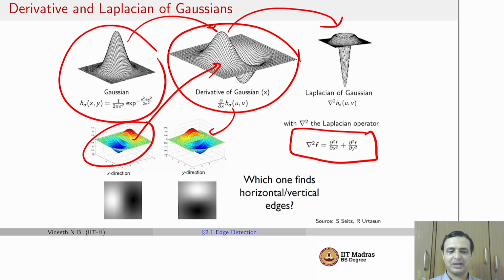Or from an image perspective, this is how a derivative of Gaussian along one direction would look, and this is how it would look along the other direction. So now if I asked you, which one of these finds horizontal edges and which one finds vertical edges? What do you think?